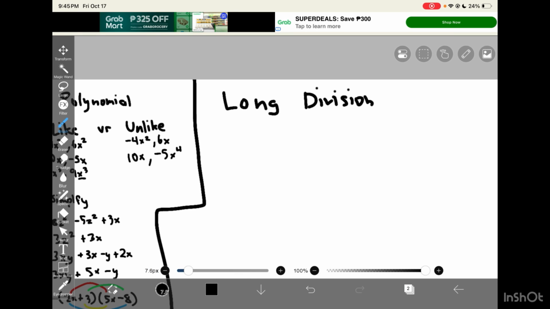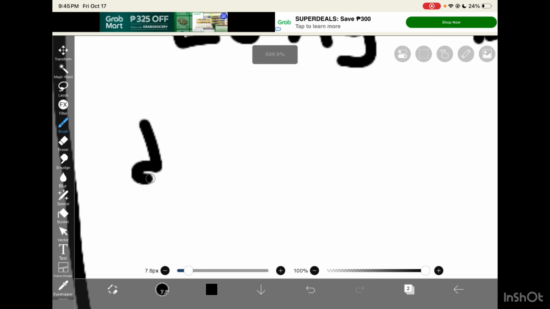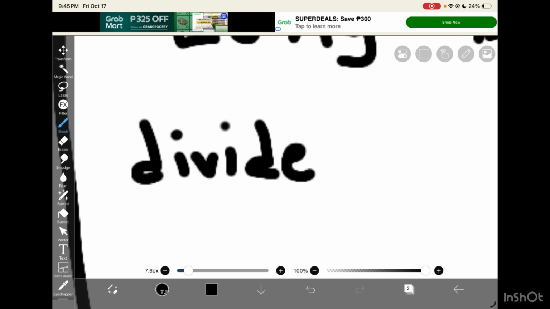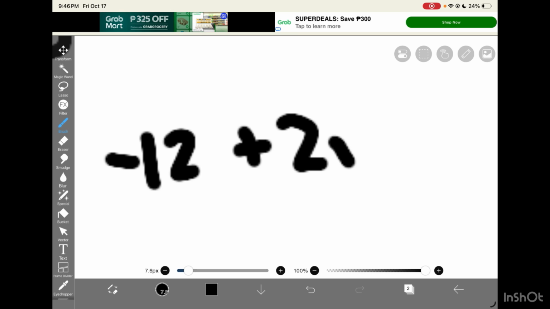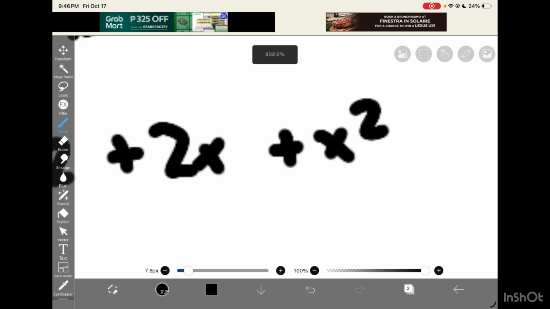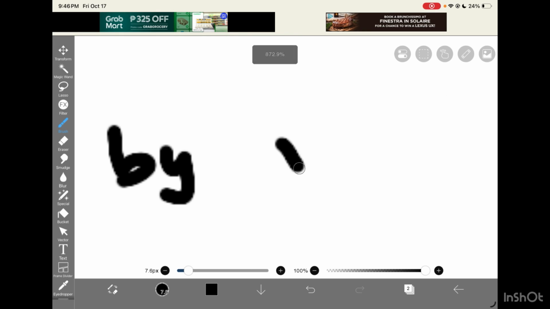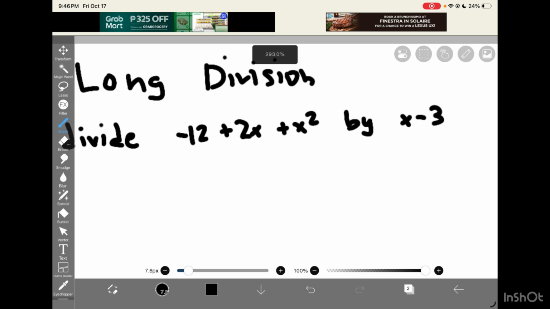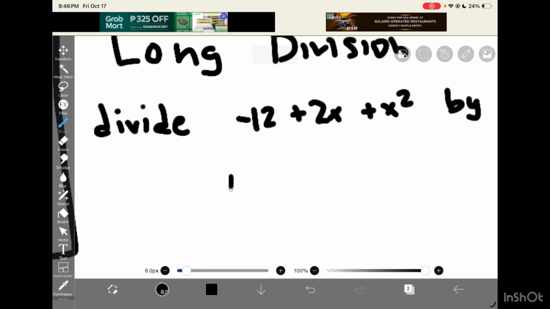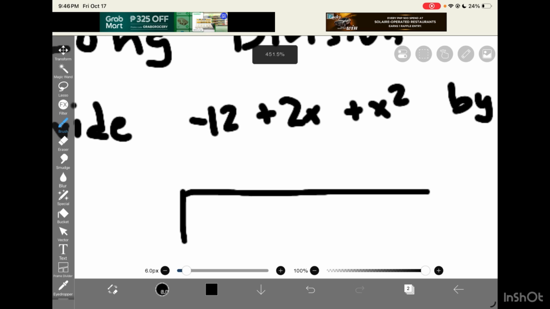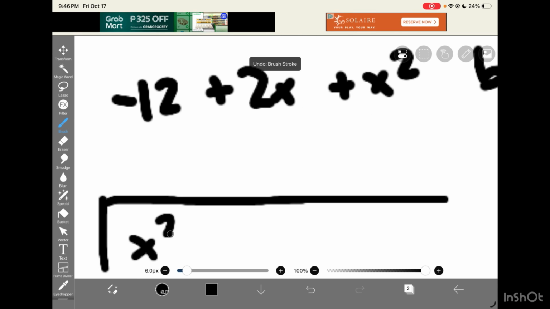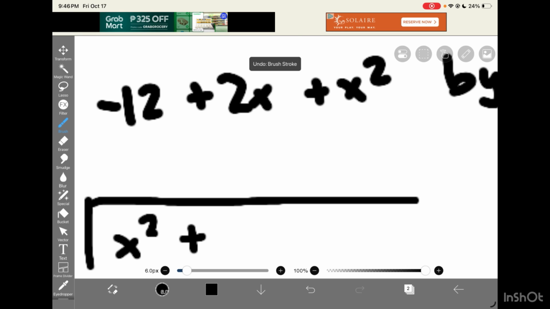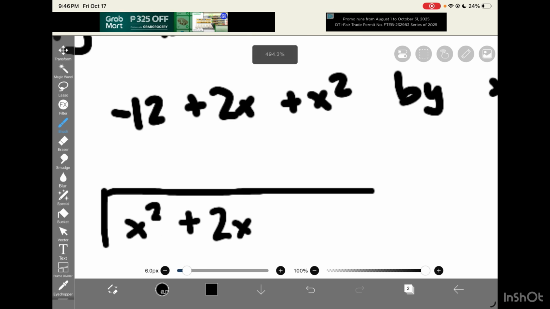Okay, let's start. Let's divide negative 12 plus 2x plus x squared by x minus 3. First and foremost, before you divide, you have to arrange it in standard form. So x squared is first, followed by 2x, followed by -12.